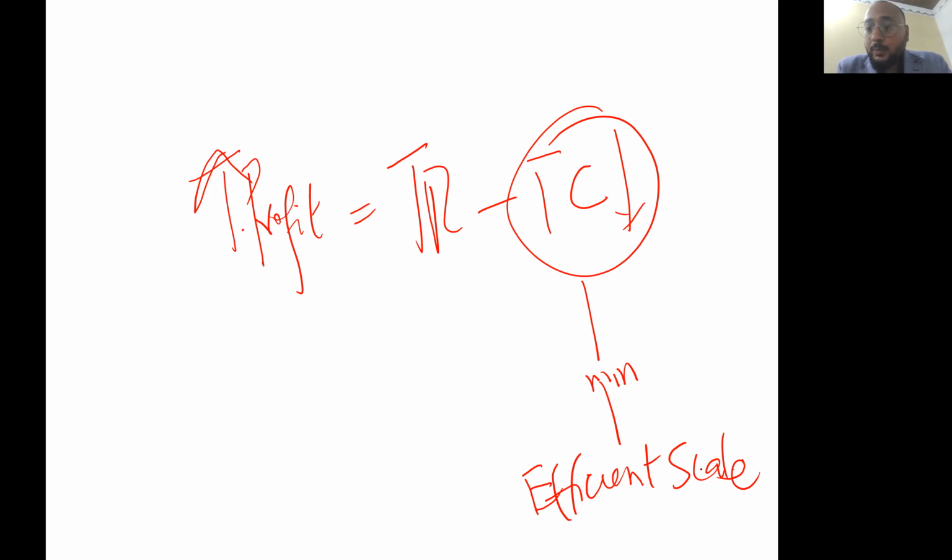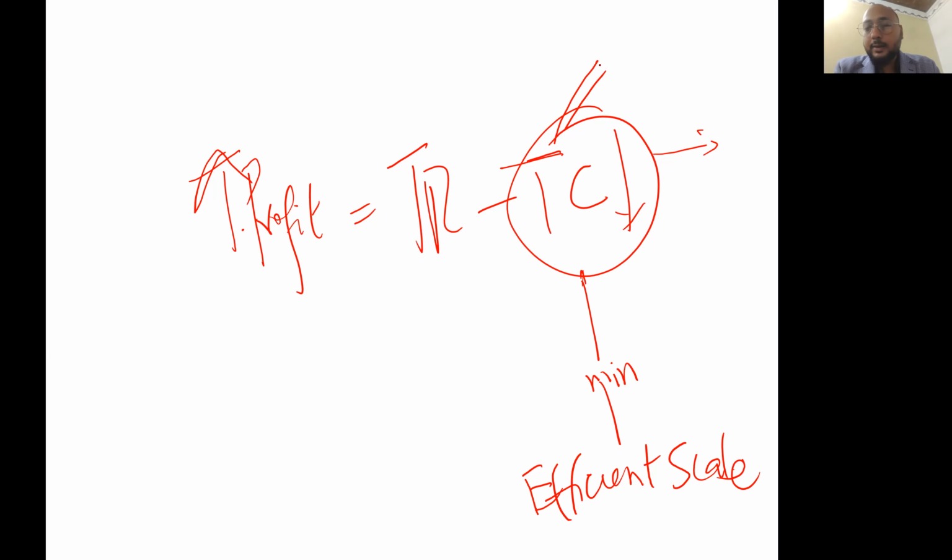And now we shed some light on the types of markets, because the cost of production chapter that we discussed does not explain what type of market our firm is in. Are we operating in perfect competition, monopoly, oligopoly, or monopolistic competition?